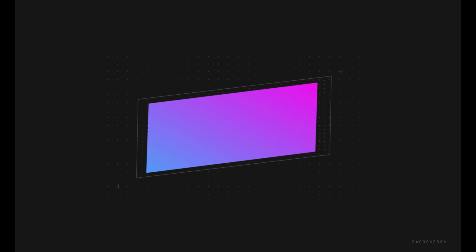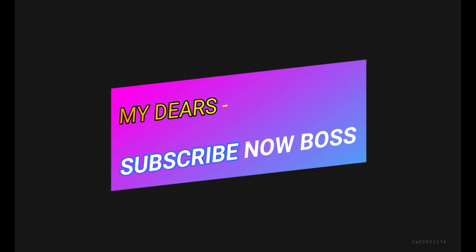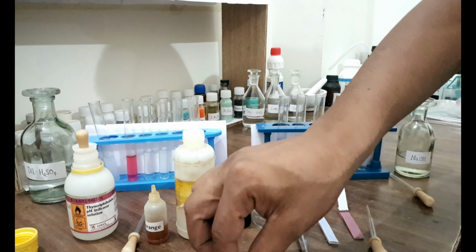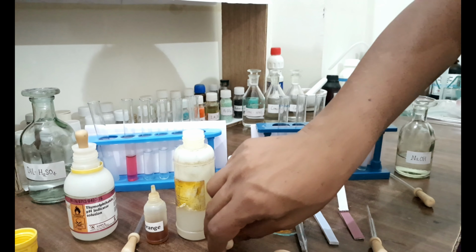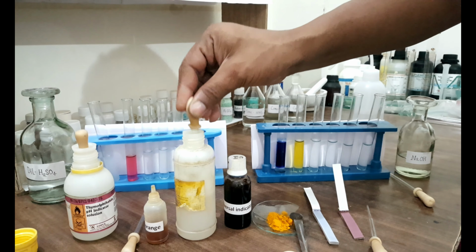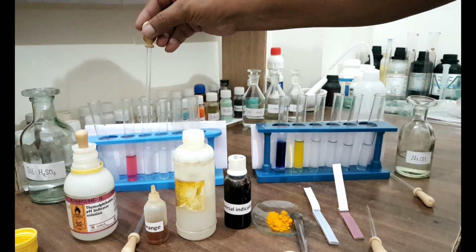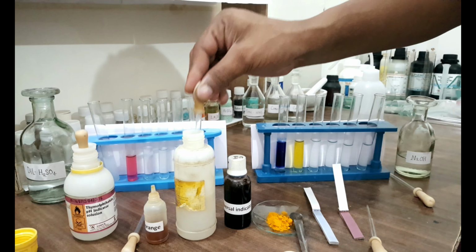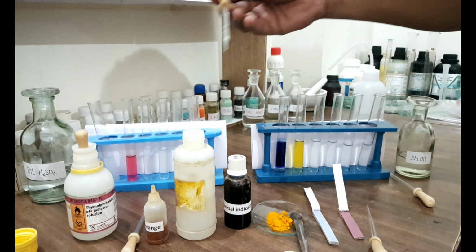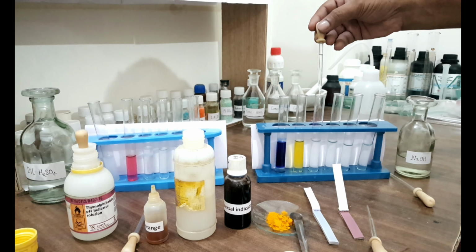And then phenolphthalein. It is a chemical indicator. Use some drops in acidic medium and some drops in basic medium.